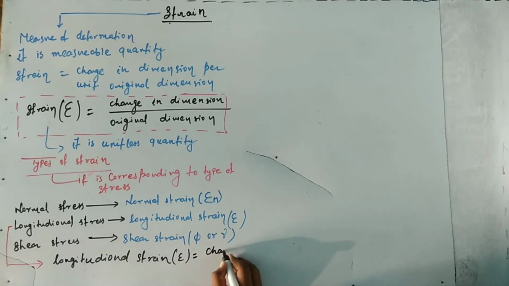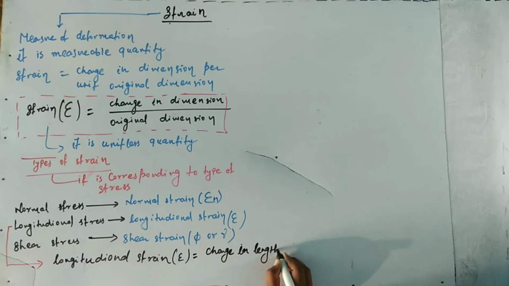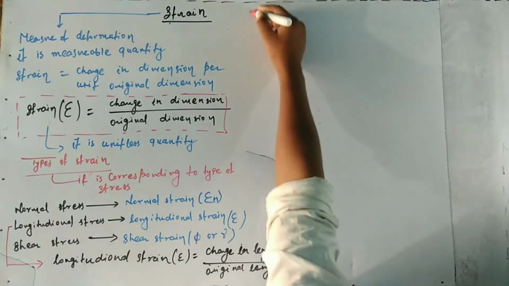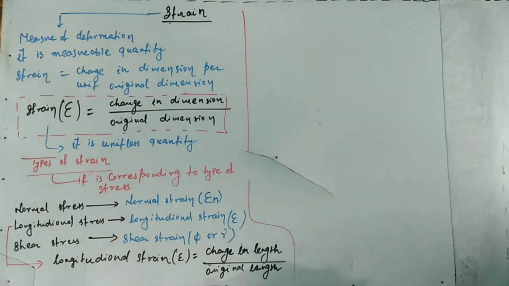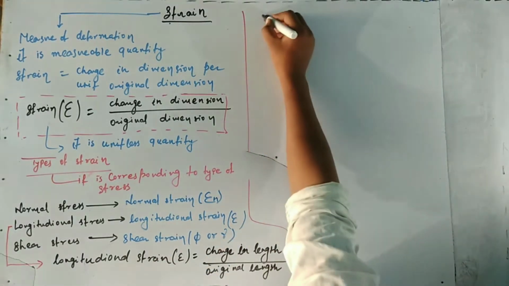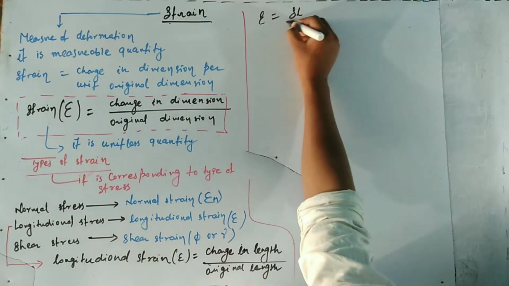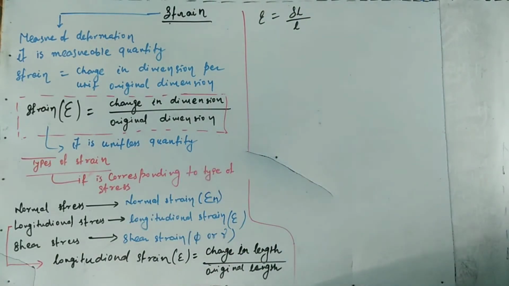Longitudinal strain epsilon is equal to change in length by original length, that is epsilon equals del L by L.